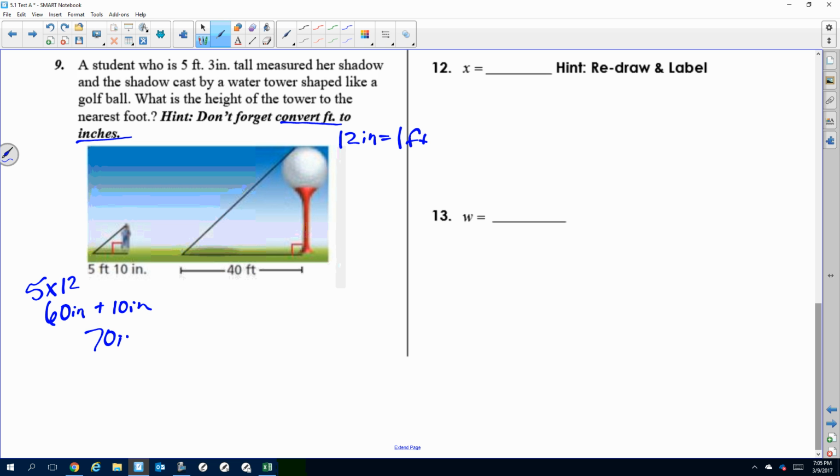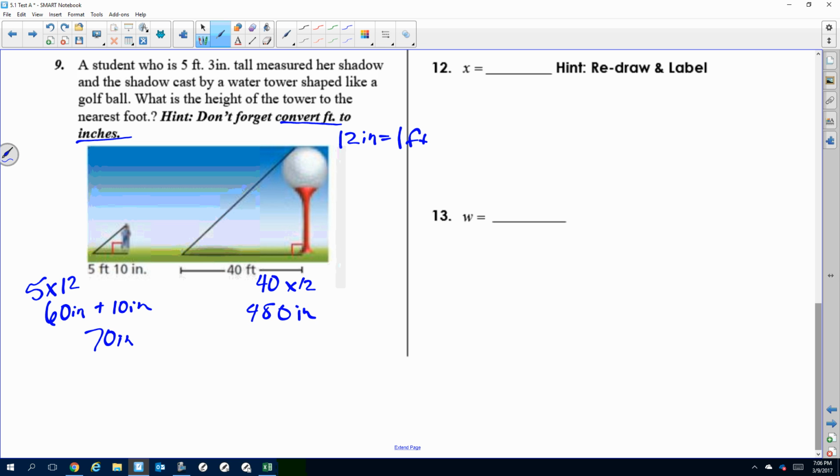This is 70 inches. If I have 40 feet, I have to multiply that as well by 12 to figure out our inches, which was, excuse me, 480.